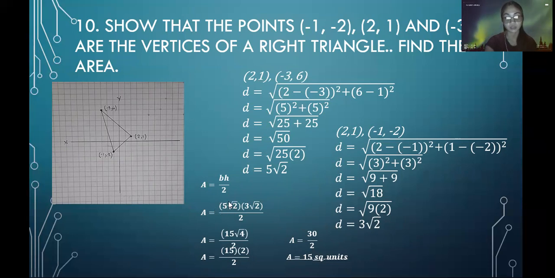A is equal to the quantity 5 square root of 2 times 3 square root of 2 over 2. 5 times 3 is equal to 15. And square root of 2 times square root of 2 is square root of 4, which is equal to positive 2. Then A is equal to 15 times 2 over 2, so A is equal to 30 over 2. So the area of the right triangle is equal to 15 square units.